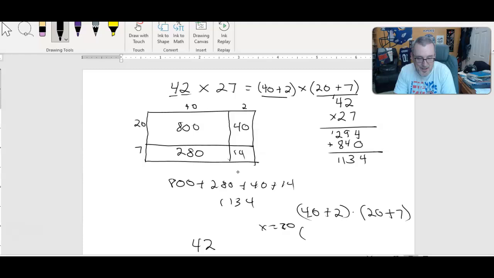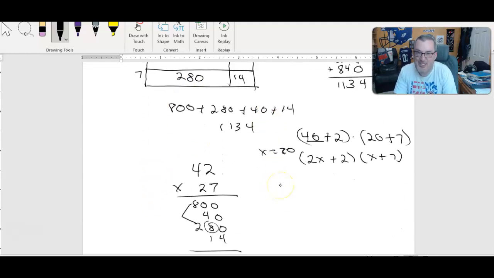If x is 20, 40 is 2x, because 2 times 20 is 40. This is like 2x plus 2 times x plus 7. I don't know if you remember your algebra, you probably learned it. I would never say this in my class, but students might learn this as FOIL: first, outside, inside, last. You FOIL this and you get 2x squared plus 2x plus 14x plus 14.